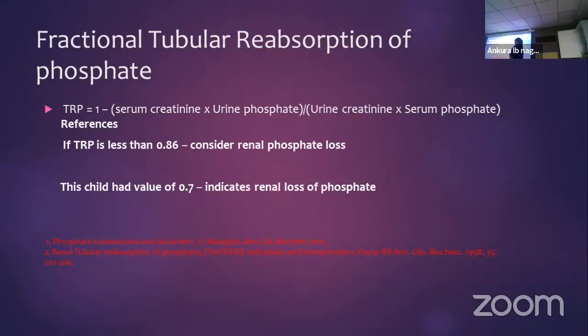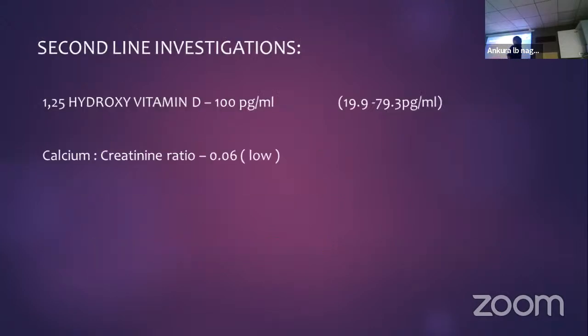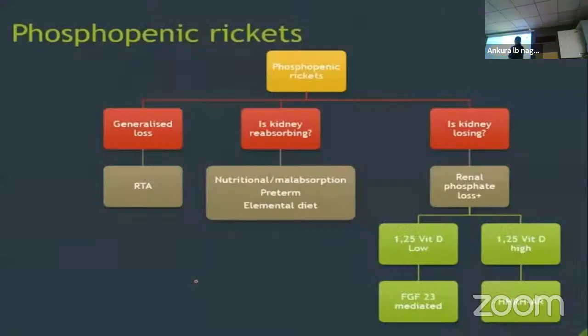It came out to be 0.7, where 0.86 is normal. It indicates that there is definitely a loss of phosphate in the child. In my child, 1,25 hydroxy vitamin D was on the higher side, just above normal, and there is no hypercalciuria, as mentioned in this slide.